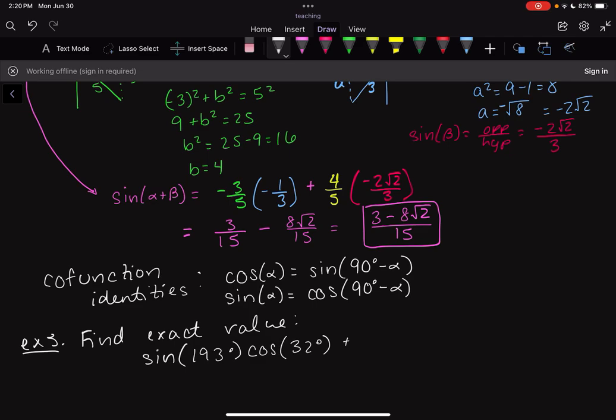Sine 193 cosine 32, and then we'll write it as cosine 193, and then cosine 58.